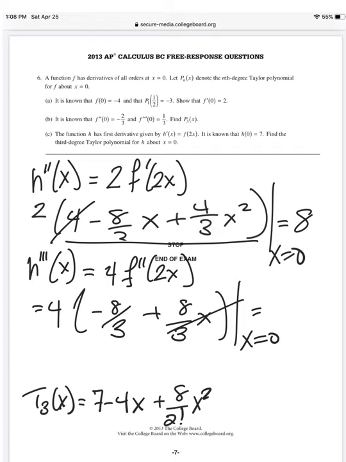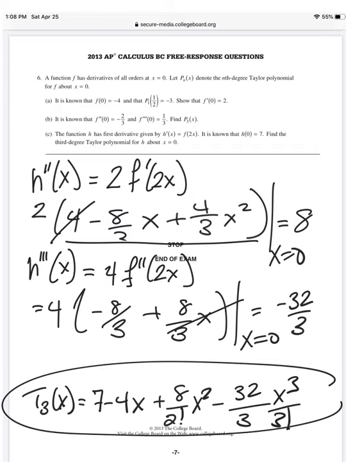So 4 times negative 8/3. So 4 times negative 8 is going to be negative 32, so negative 32/3. So that becomes minus 32 over 3 x cubed over 3 factorial.